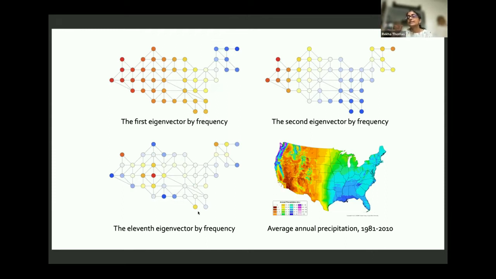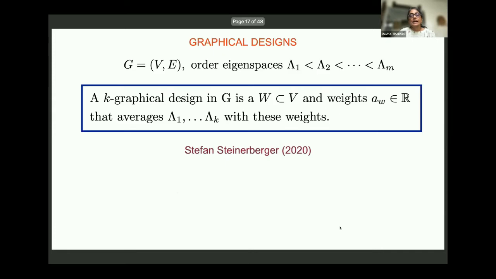Just like in Fourier analysis, we expect smooth functions to be made up of low frequency modes of the Fourier series. Similarly here, we expect most functions to be made up of low frequency eigenvectors if they're relatively smooth. And so we're going to try to average eigenvectors in this frequency order. So this is basically the idea of frequency order.